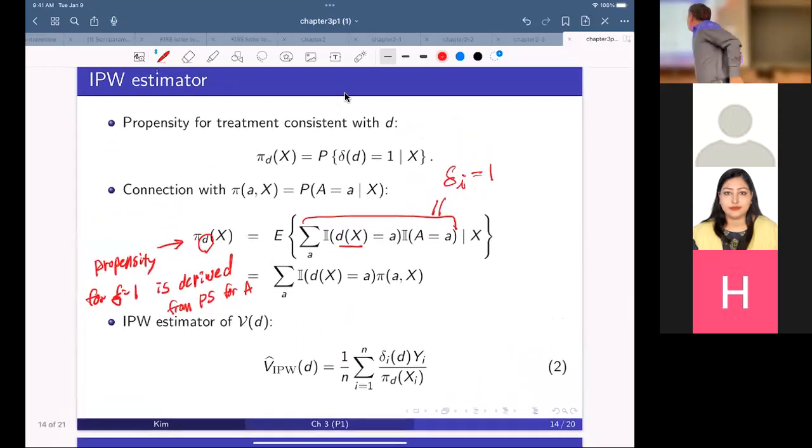So that you're now in a position to construct a nice propensity score estimator where the numerator is delta D. You can change D, right?